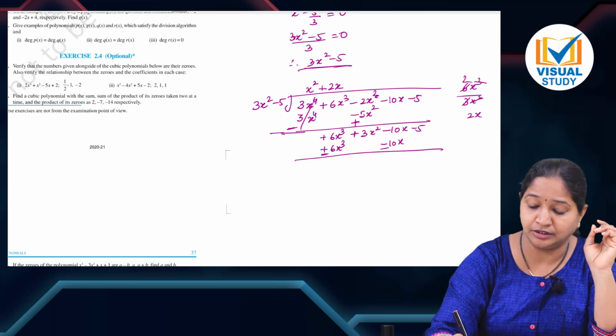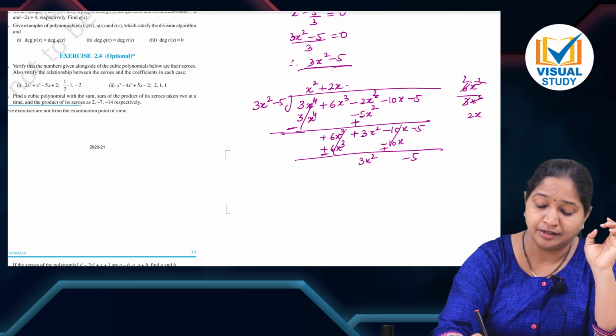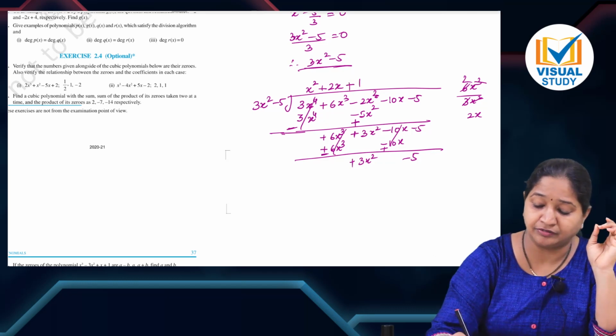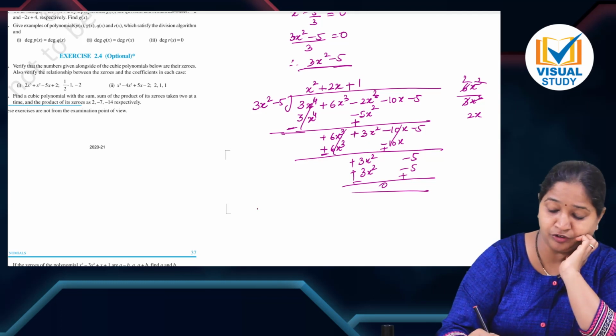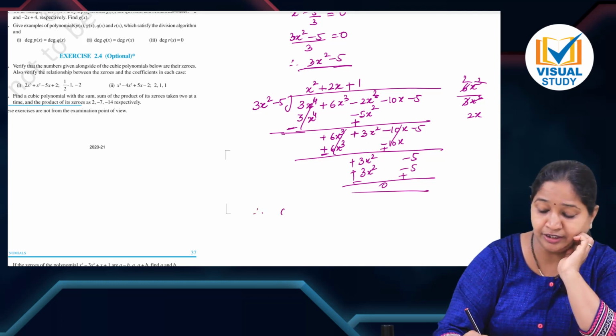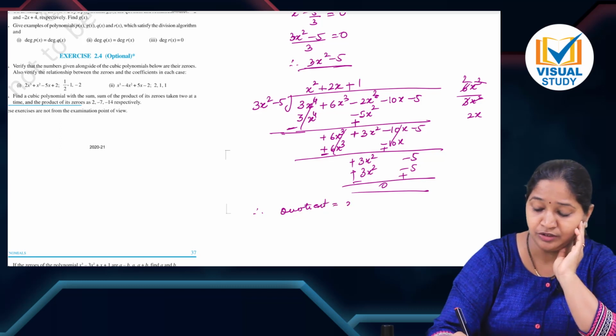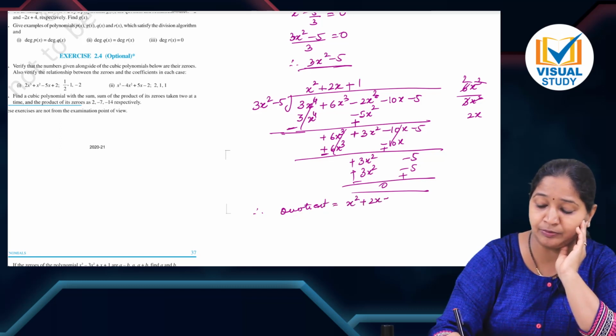So here this gets cancelled and you get 3x square minus 5, that is plus 1 into 3x square minus 5, and this also gets cancelled. Therefore here your quotient is equal to x square plus 2x plus 1.